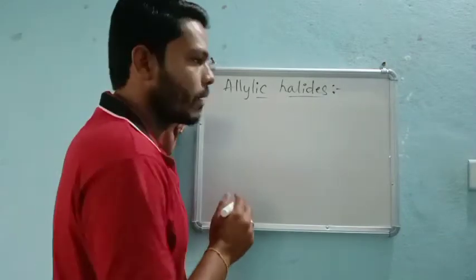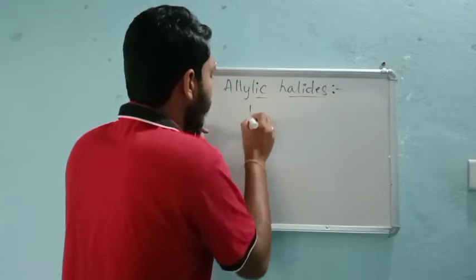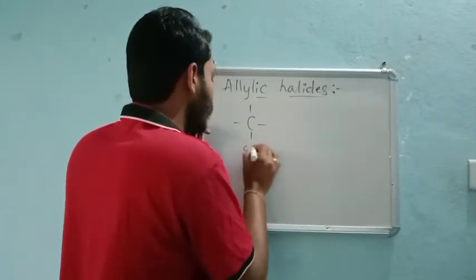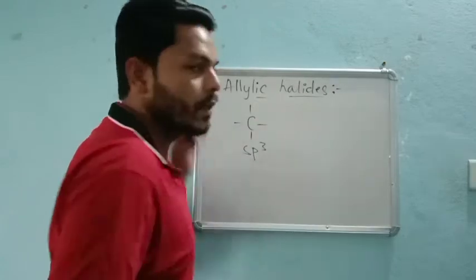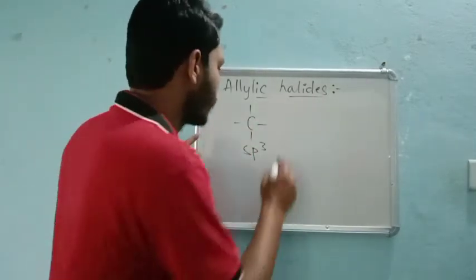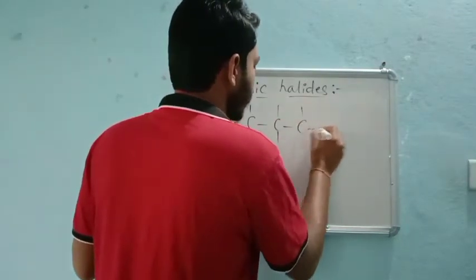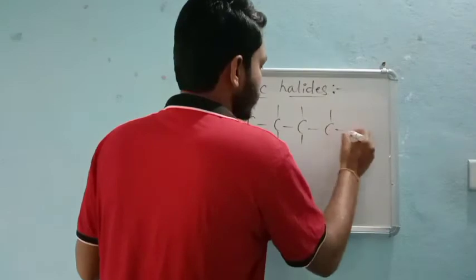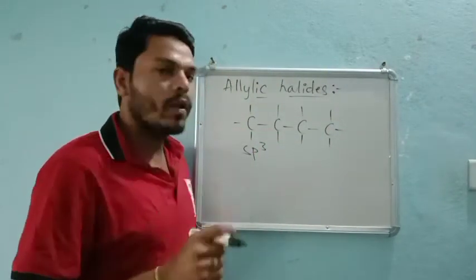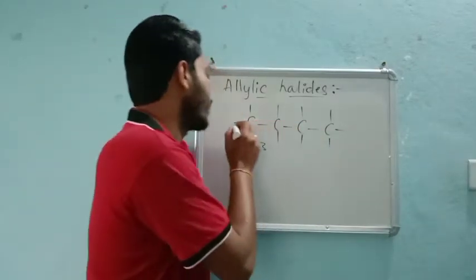So I remind you, if a carbon has only single bonds around it, then such a condition is called an sp3 hybridized carbon atom. Let us take any example, but the condition is it must have a single bond all around it, to which the halogen is attached.